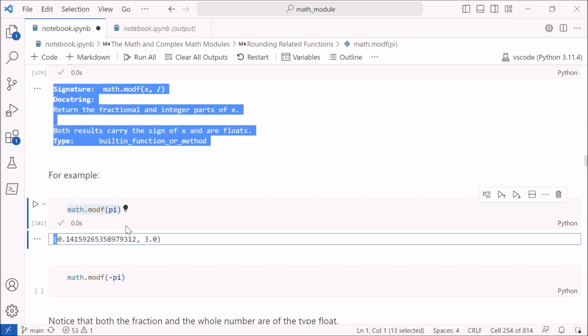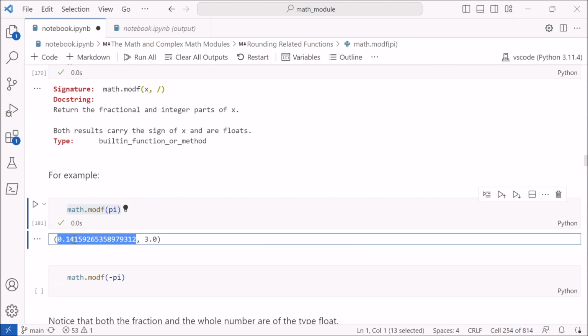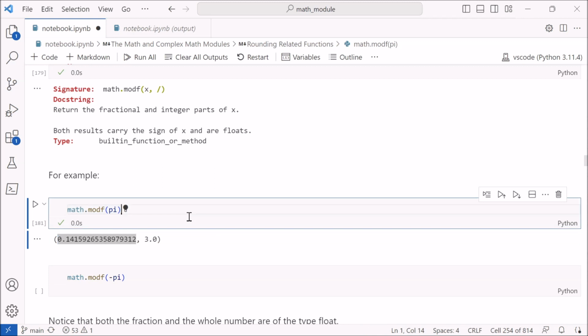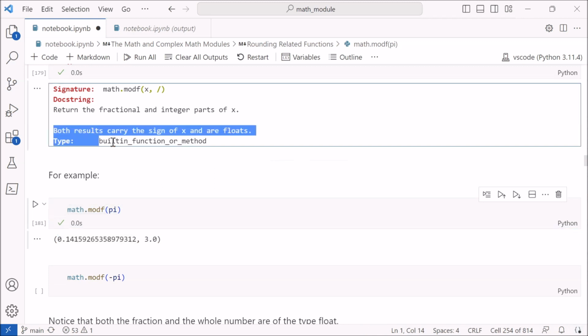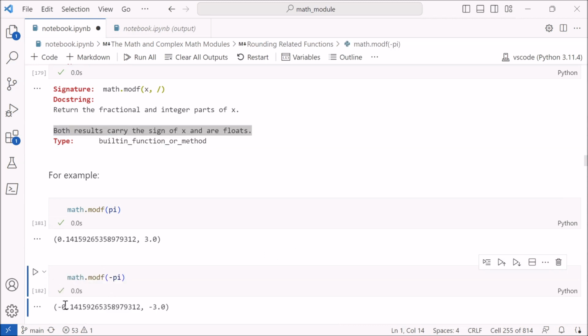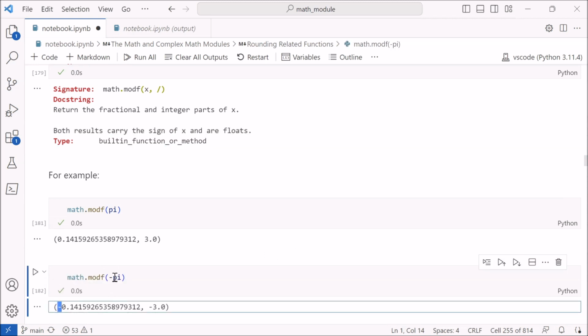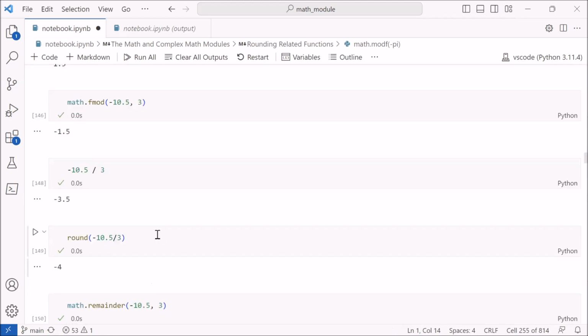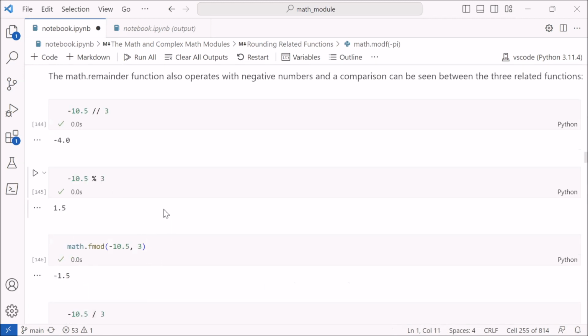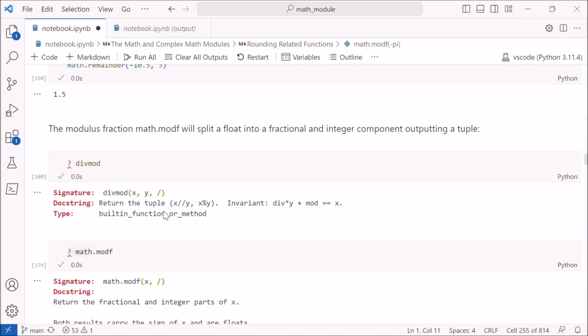And then we've got this floating point number, which occurs after the decimal point. Both results carry the sign of x and are floats. So notice when you've got negative pi, that both of these are negative. It can be quite confusing, this modf and this fmod, so try not to confuse the two different functions.